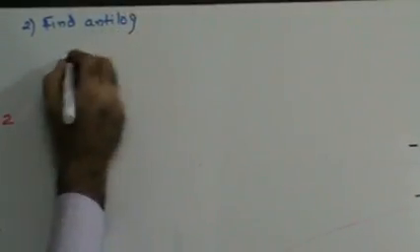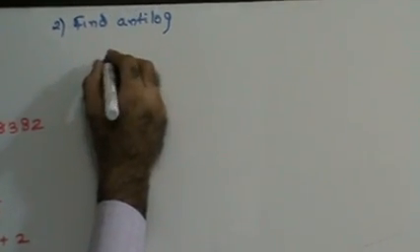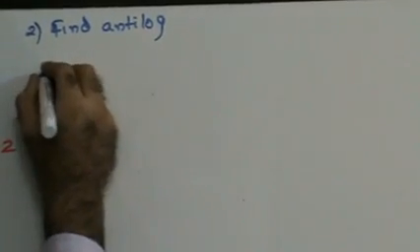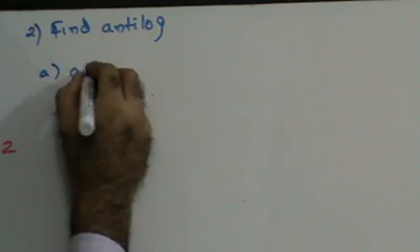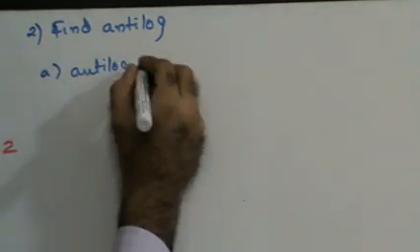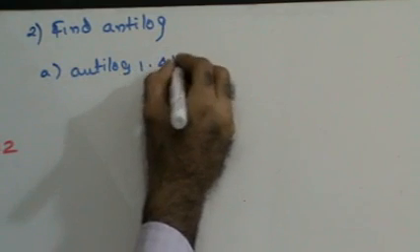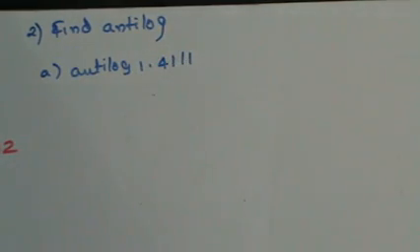Find anti-log. We are saying find anti-log of, say, first one, anti-log of 1.4111. Right? Now, ignore the number before the decimal. Open your anti-log table.